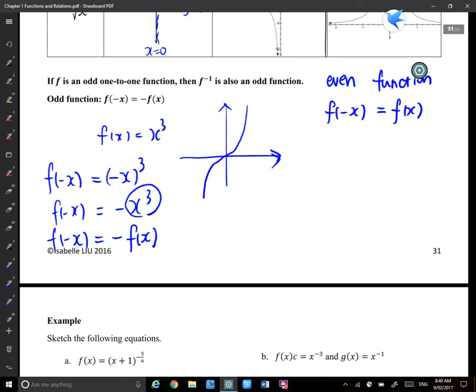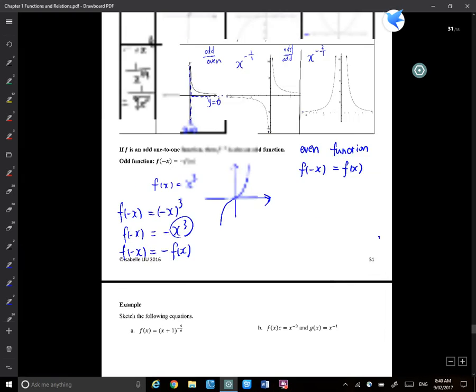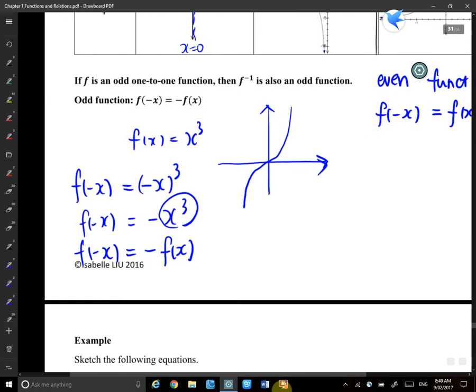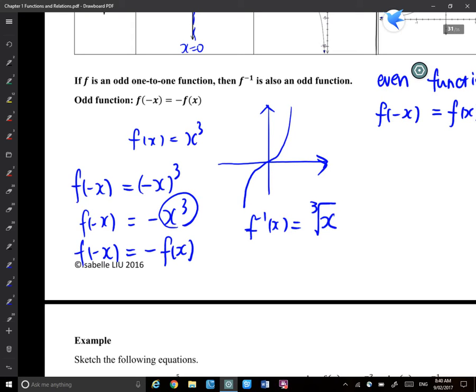If I'm going to find the inverse of the cubic function, that will be a cube root function. So f inverse of x must be the cube root of x. If you follow the procedure to find the inverse function, that must be the cube root function.